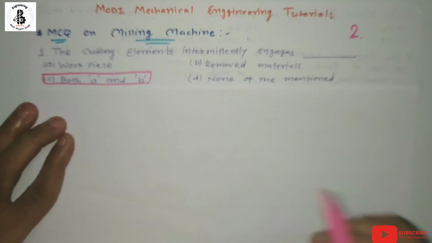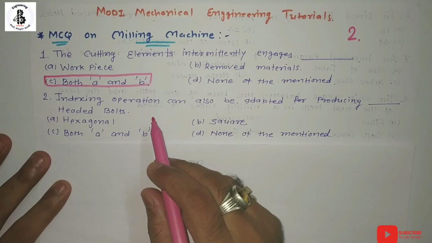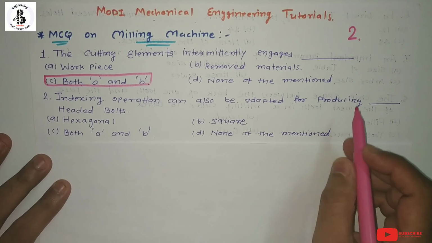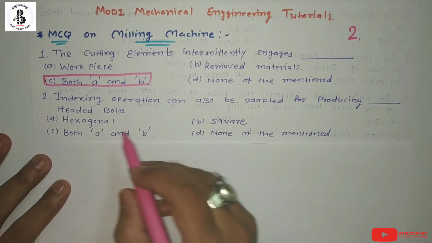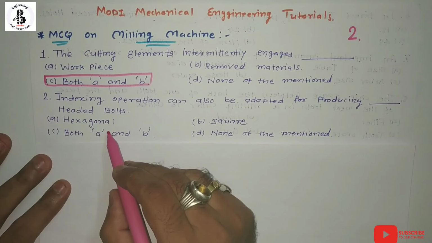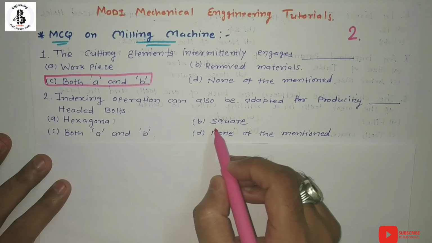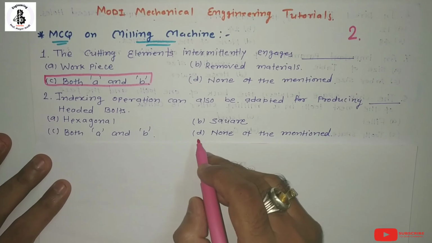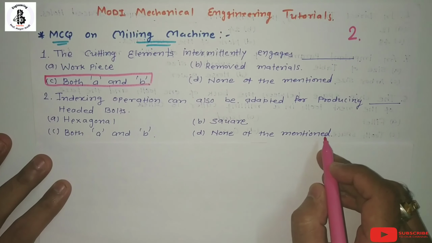The next question. Indexing operation can also be adopted for producing which headed bolts? Option A, hexagonal, option B, square, option C, both A and B, and option D, none of the mentioned.